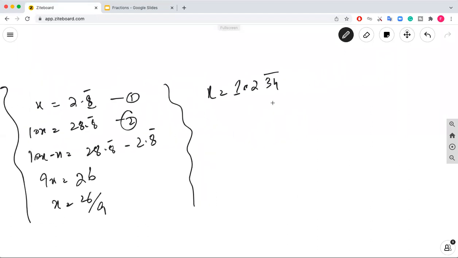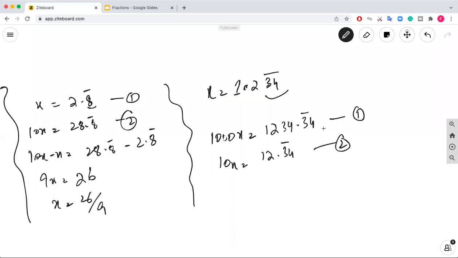Whatever we want to do, we want to have only the repeating portion on the right side of the decimal point. So first of all, if I multiply this with 1,000, this will become 1234.4 bar. This is the first thing. And if I multiply this with 10, this will become 10x is equal to 12.34 bar. At first, I multiplied with 1,000 so that I get only the repeated pattern on the right side.